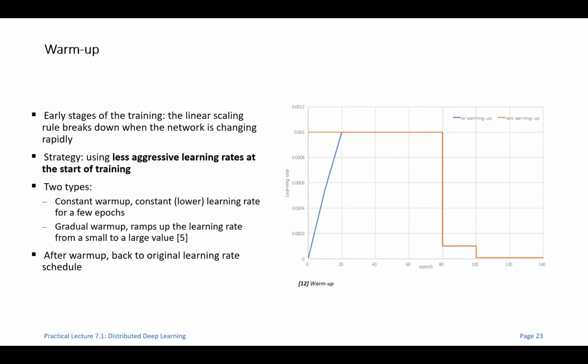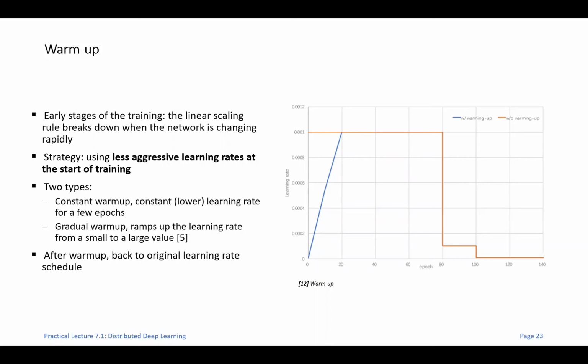when the training is well into it, already gone through the first epoch, so it's more stable. And then once you have reached the learning rate that you want to use, you can adopt any kind of learning rate schedule that you like.